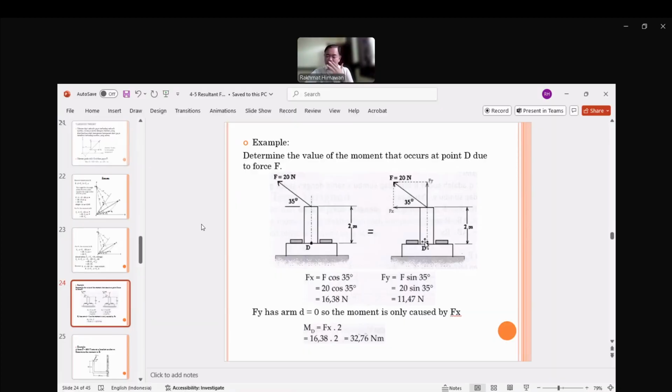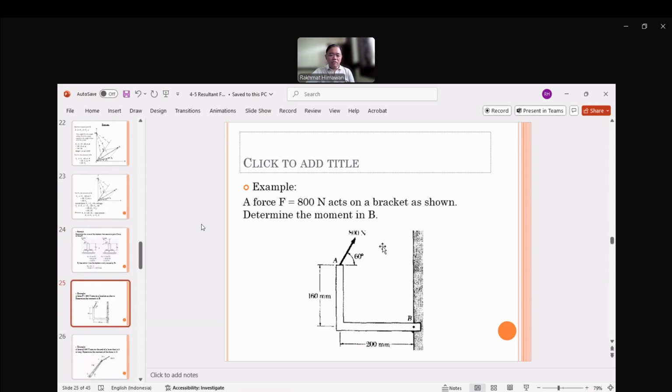That means it has no distance, so the moment is 0. Moment My is 0 because there is no distance D, while Fx has a distance of 2 meters.